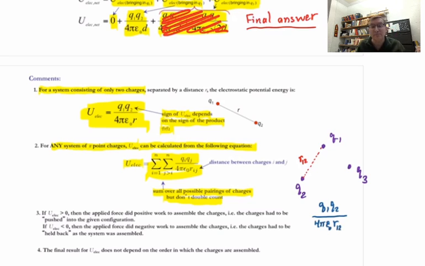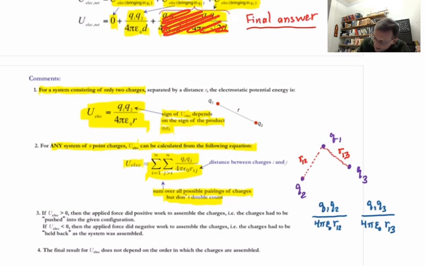That would be Q1 Q2 over 4 pi epsilon 0 R12. Then another pairing is Q1 and Q3 with some distance R13. And the contribution to U elec from that pair is Q1 Q3 over 4 pi epsilon 0 R13.